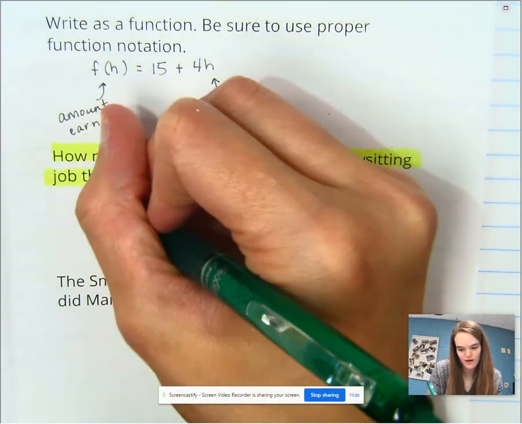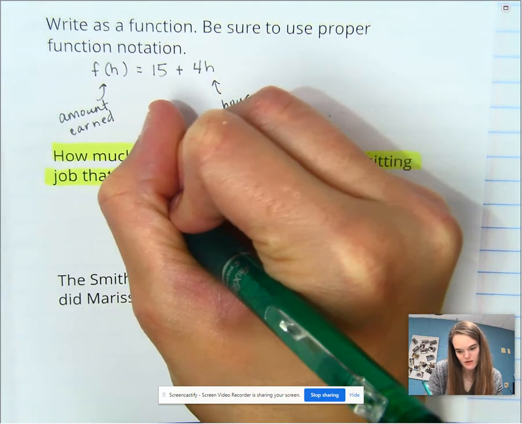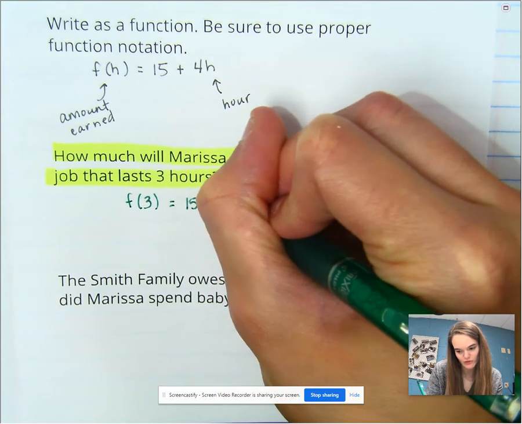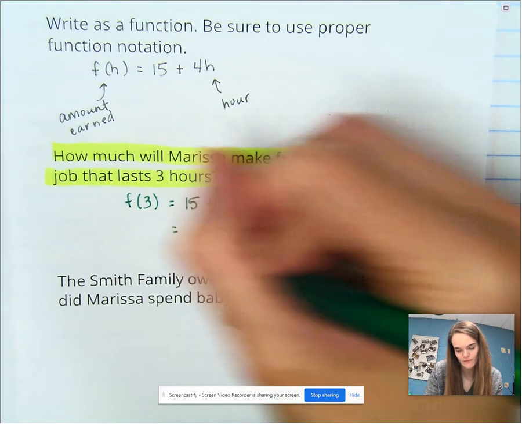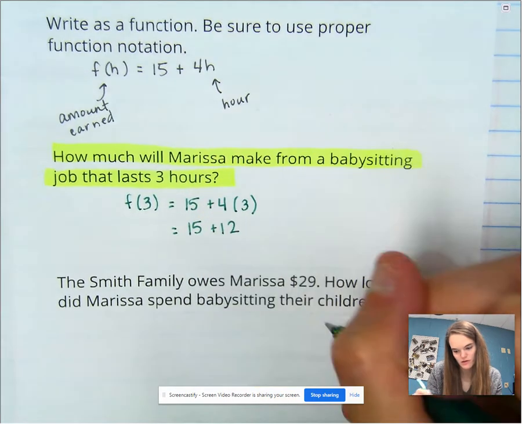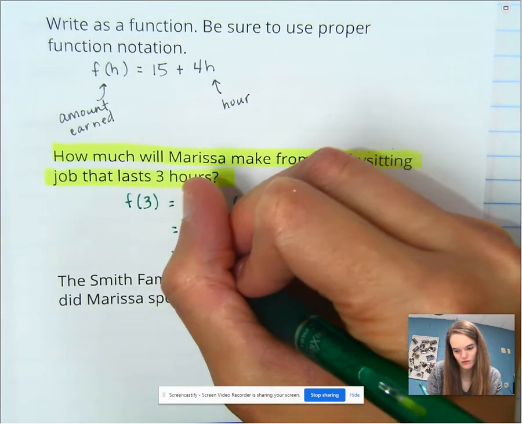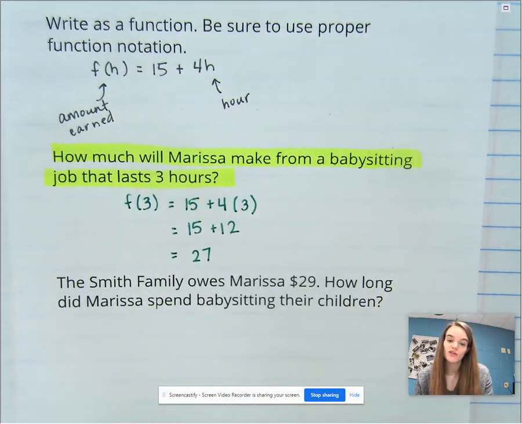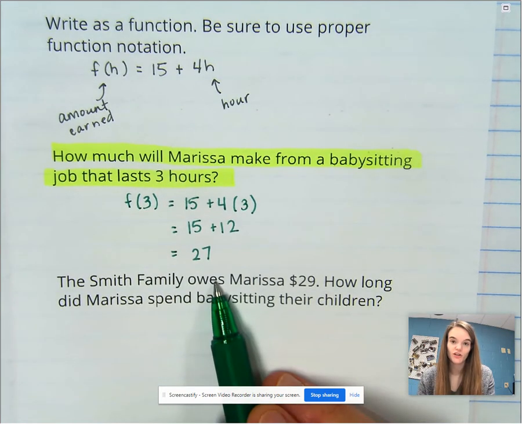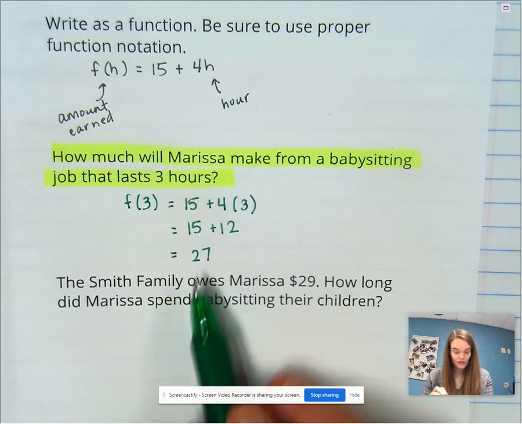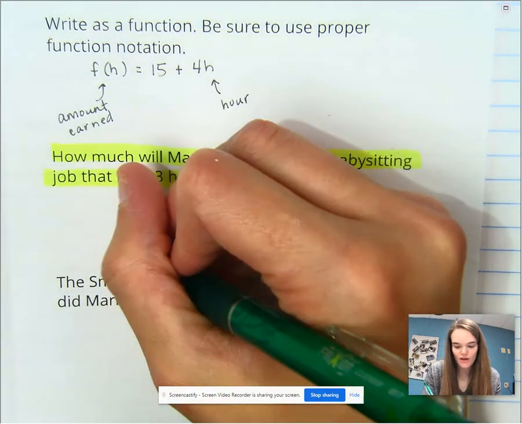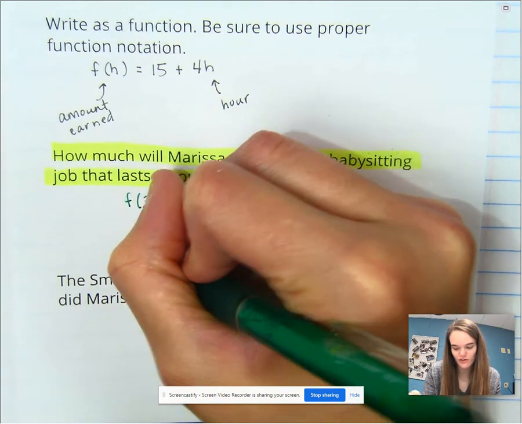H, so f of 3 equals 15 plus 4 times 3. 15 plus 12, 27. I just want to explain to you, if you are babysitting people, that this is not enough money. 3 hours for $27 is not enough. Charge more than that. All right, so f of 3 is 27.